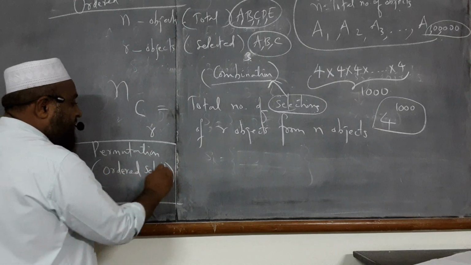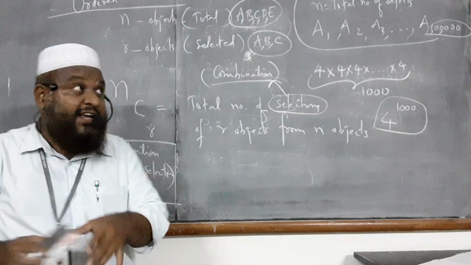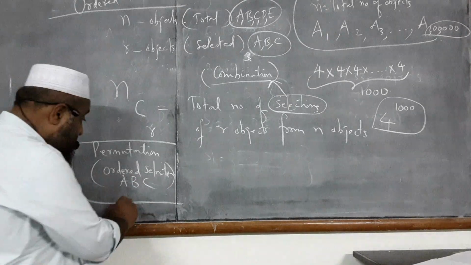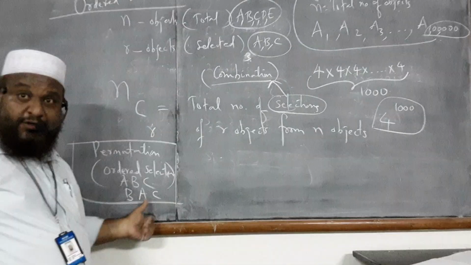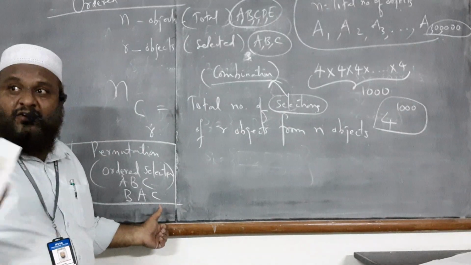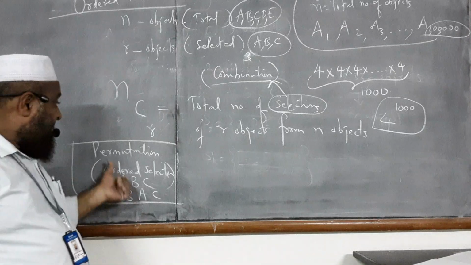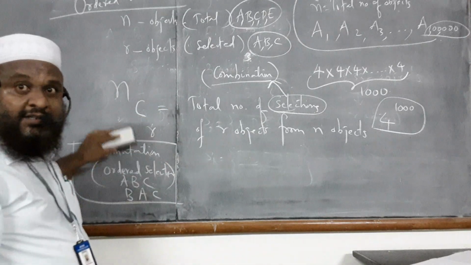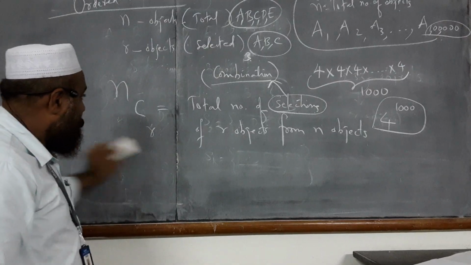What do you mean by ordered selection? Order is important. Suppose if I say ABC is one selection, then BAC is another selection. Who is coming first, who is coming next, that order is important. So if this type of selection is required, it is called a permutation. Now we are presently talking about only combinations, where order is not important.